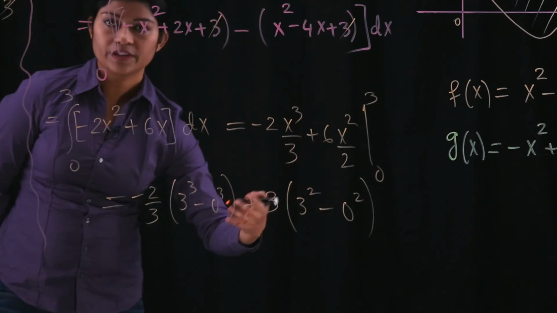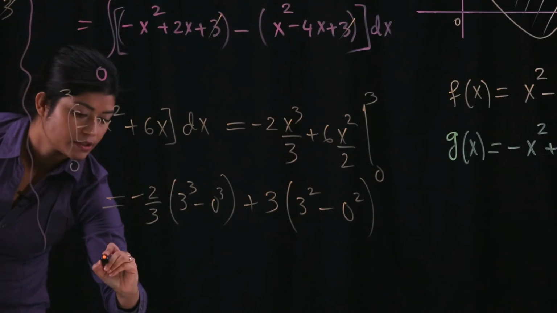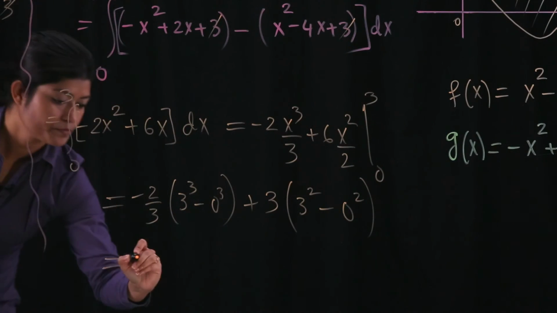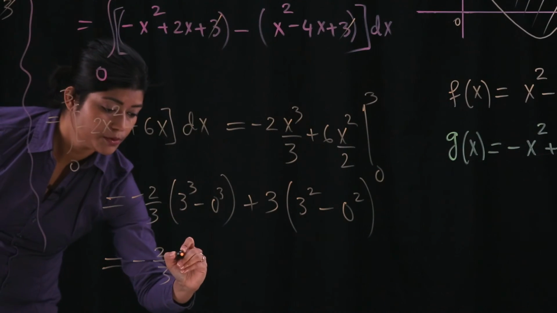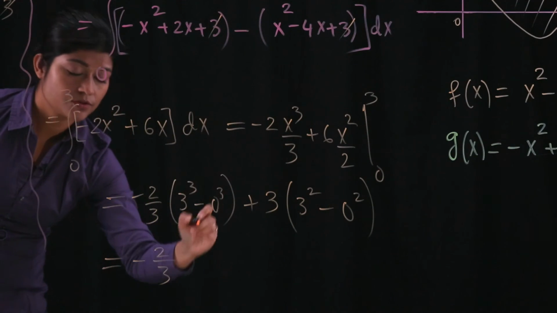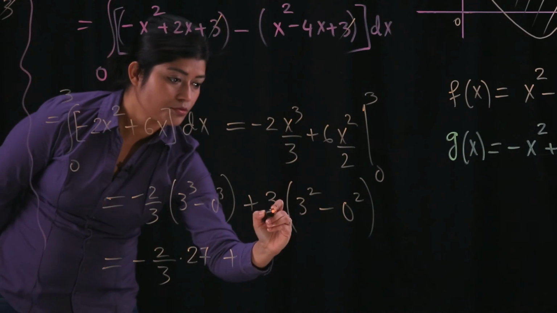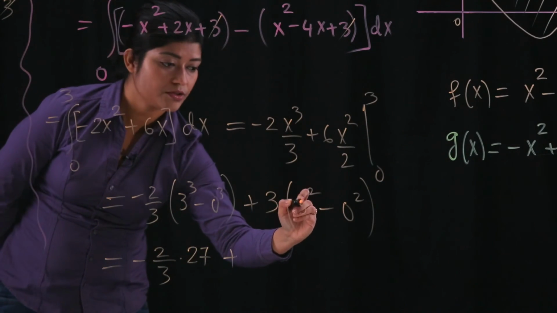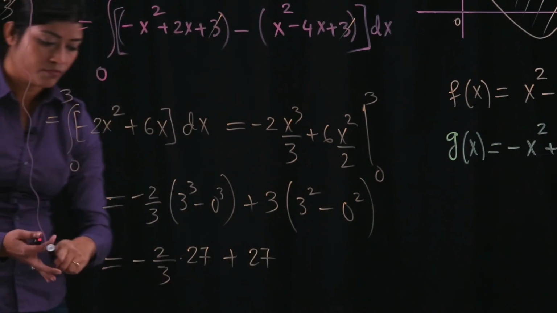The zeros you can just ignore, and then combine the other terms and see what our area turns out to be. This is negative 2/3 times 3 cubed, and 3 cubed is 27, plus 3 times 3 squared. 3 squared is 9, and 9 times 3 is 27.